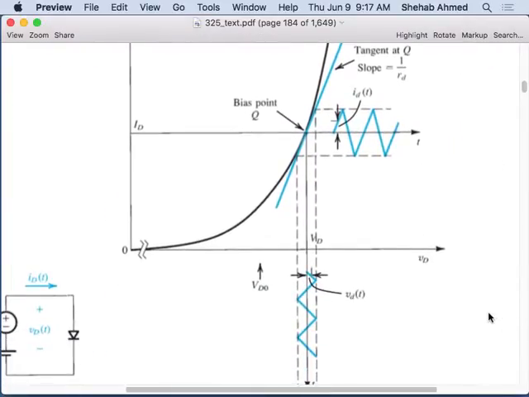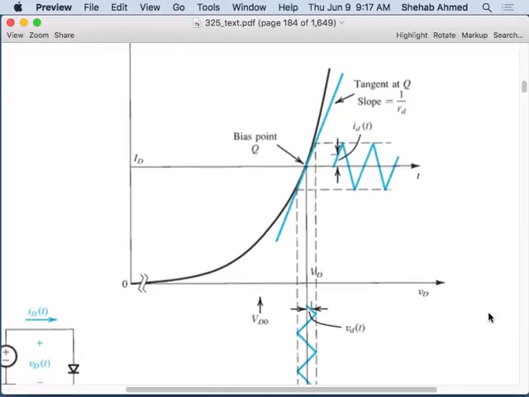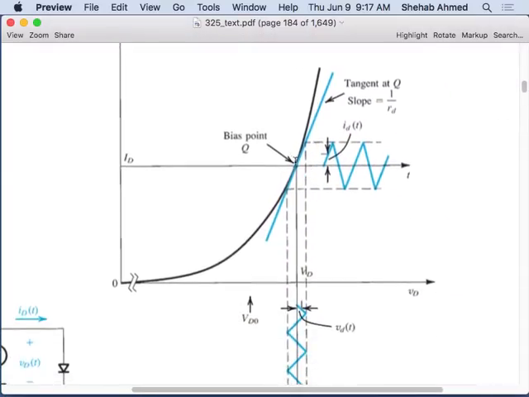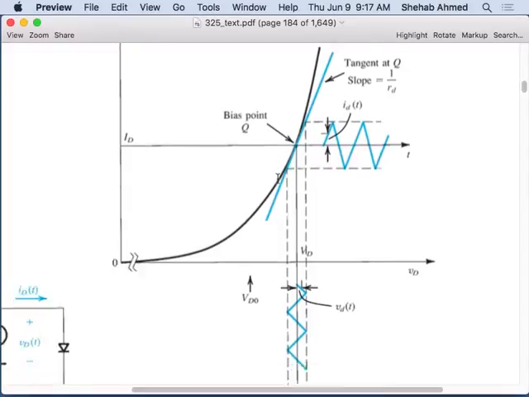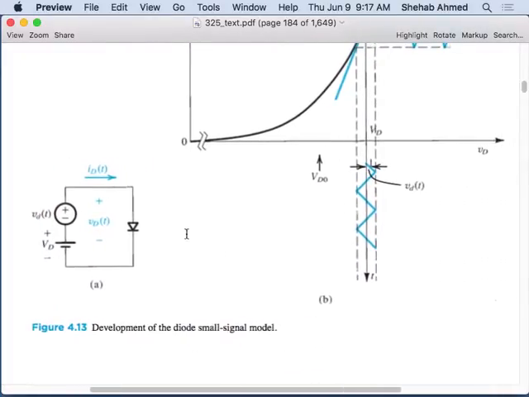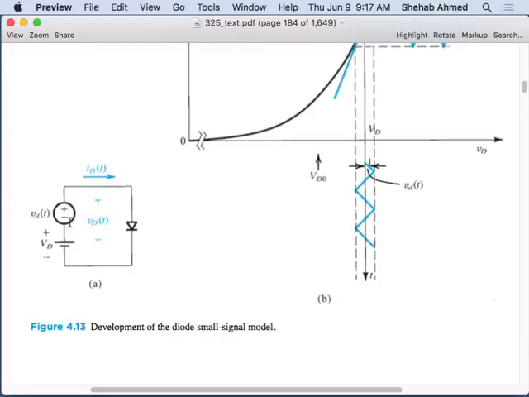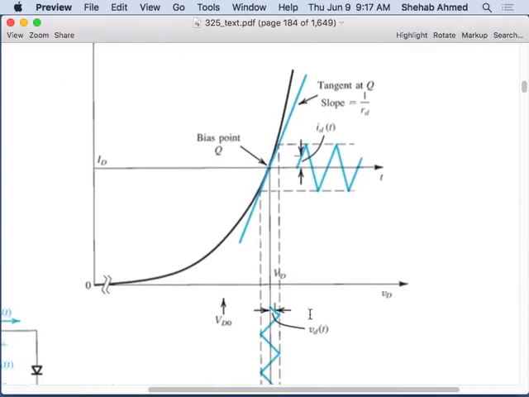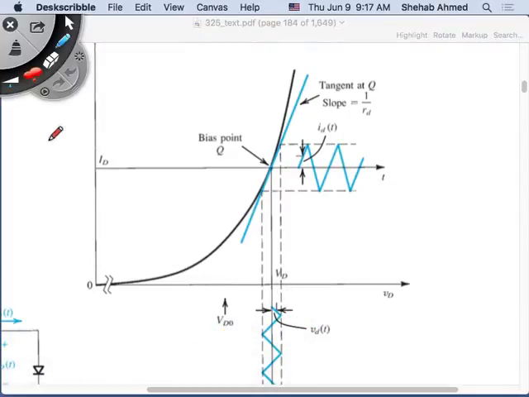Really what we did was find the DC operating point of our circuit from this equivalent circuit, without this source here. Let me just draw the equivalent circuit again, because we have to have a resistor in there.